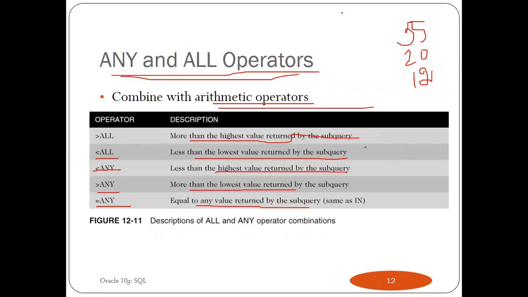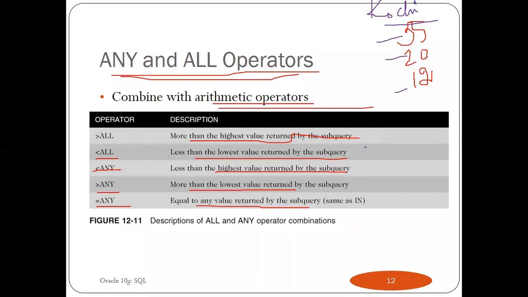Now imagine your multiple row subquery gave you 3 values, 55, 20 and 12. These are the M1 marks of people who live in Kochi. Now let's see what each of these means. Greater than ALL means more than the highest value returned by the subquery.